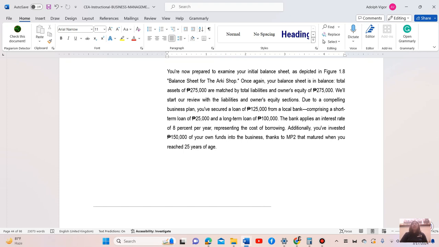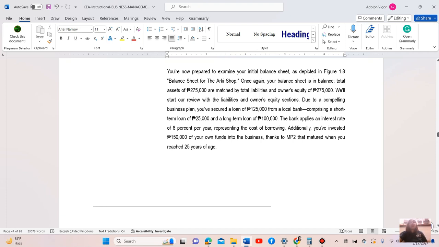Additionally, you've invested 150,000 of your own funds into the business, because during your college years, the income from your model kit business, you put it into MP2 and it matured after 5 years, or when you reach 25 years of age.